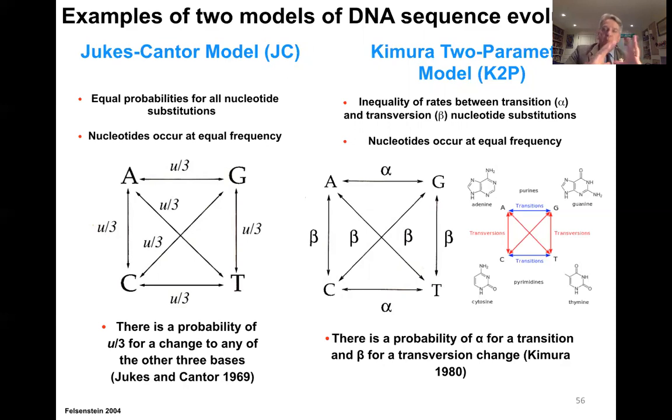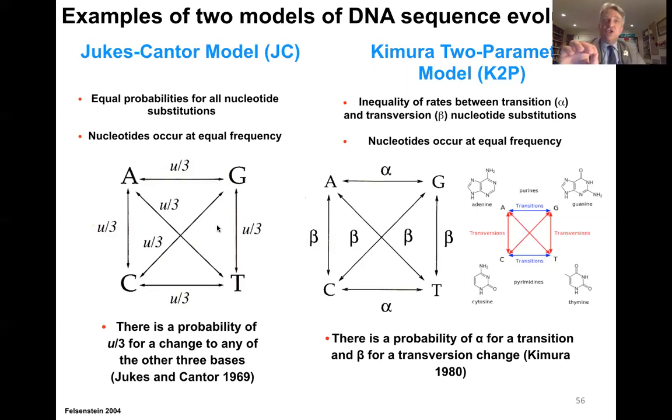Now, all these models are doing is they're trying to estimate the probability of having an unobserved change. Now, the Jukes-Cantor model on the left is the simplest molecular evolutionary model. It's arguing that nucleotides occur at equal frequency and that any change between any of the 4 states is equiprobable.